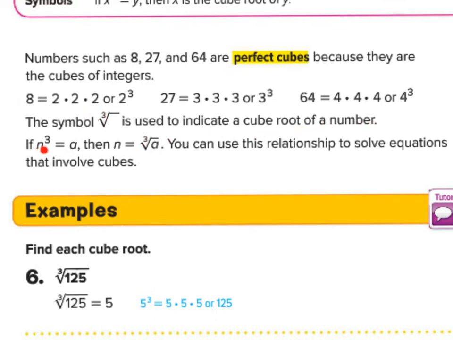If n to the power of 3 is a, then we write it as n equals the cube root of a, correct? You can use this relationship to solve equations that involve cubes.